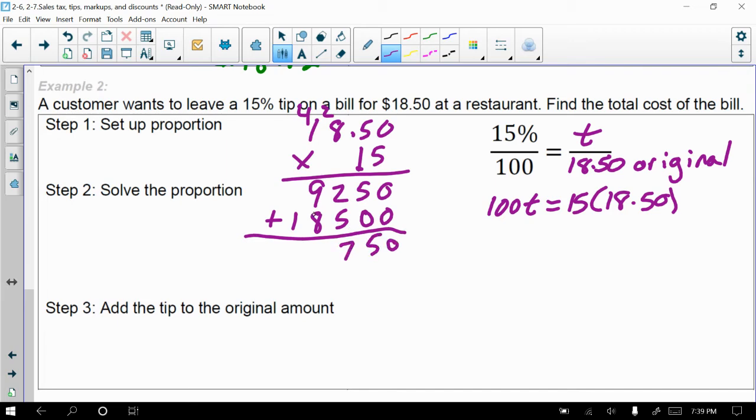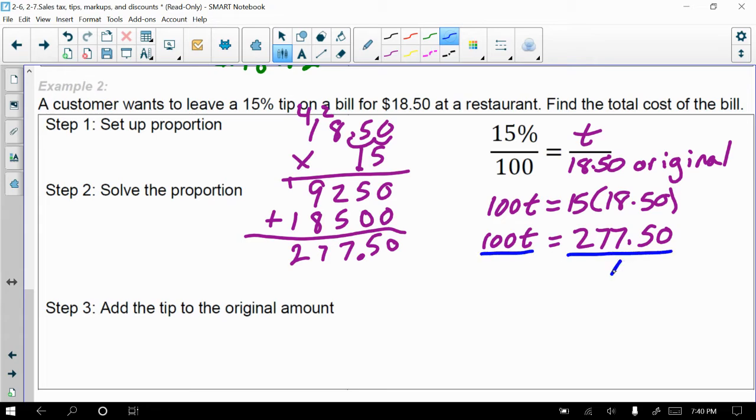5, 7, 17, and 2. And then I have to count how many times I moved my decimal. So my decimal goes right here. So 100t equals this 277 and 50 cents. Okay, opposite of multiplying by 100, divide by 100.